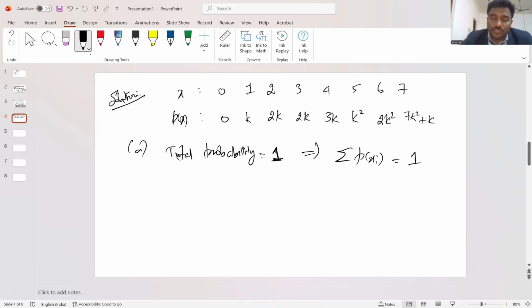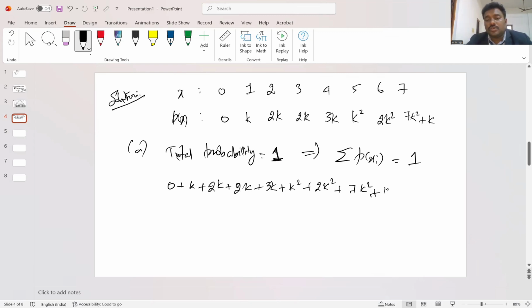So here if you look at this, we have the values as 0, then K, then 2K, then 2K, and then 3K, and then K square, then 2K square, then 7K square plus K, which is equal to 1. So if you add all of them, you will get 10K square.